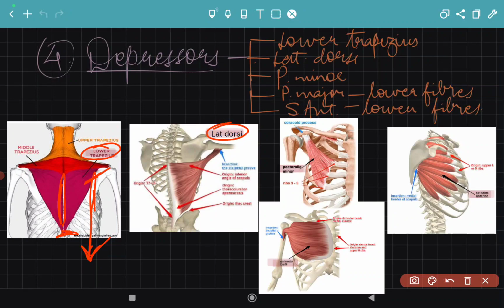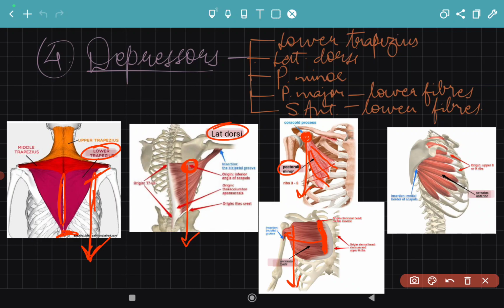Next is the latissimus dorsi. We know it has attachment at the inferior angle of the scapula and hence helps in depression. The pectoralis minor, which can be appreciated here, coming from ribs 3 to 5 and attaching to the coracoid process, depresses the scapula. And also the pectoralis major, originating from here, the upper 6 ribs and sternum and the clavicular head, inserting to the bicipital groove, also assists in scapular depression.